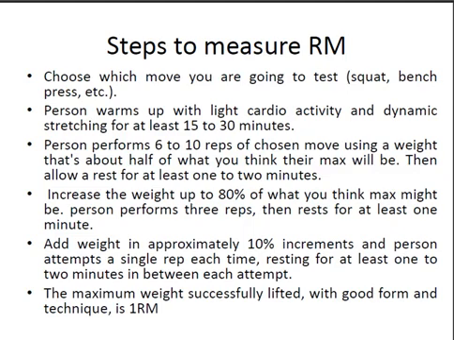Keep increasing the weight up to 80% of what you think the maximum might be, and then the person performs 3 repetitions. Then rests for at least 1 minute. After this, add weight in approximately 10% increments, and the person attempts a single repetition each time, resting for at least 1 to 2 minutes between each attempt. The maximum weight successfully lifted with good form and technique is taken as 1 repetition maximum.